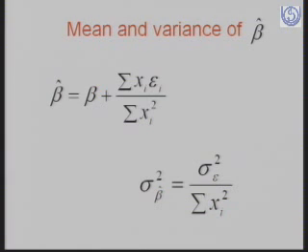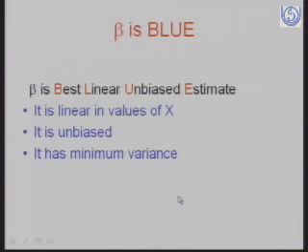This is the variance of the parameter. From the variance you can find the standard error by taking the positive square root. So there are certain properties that come up from the OLS estimation.